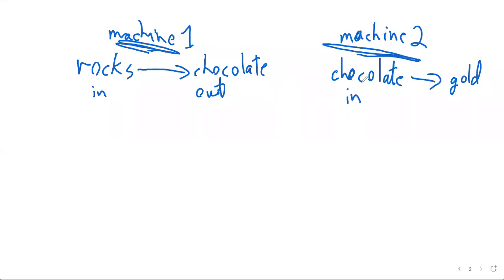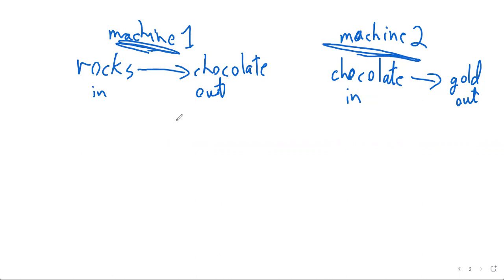That same chocolate could be an input that then becomes an output of gold. And you're thinking, couldn't I somehow wrench these 2 machines together so that they do all that job as one? Because right now I could turn rocks into gold, but I've got to run it through 2 machines.